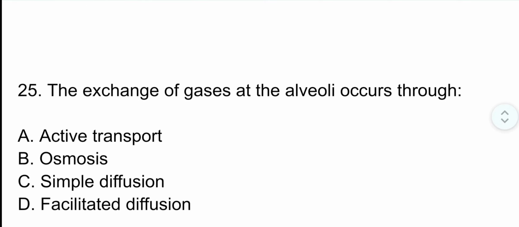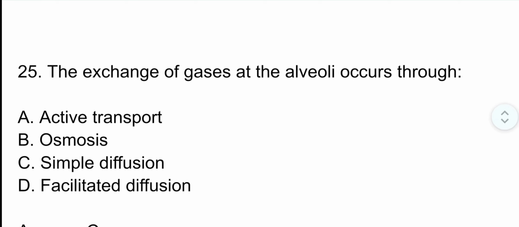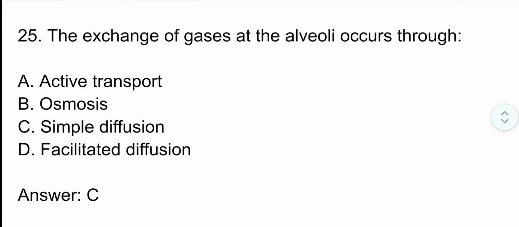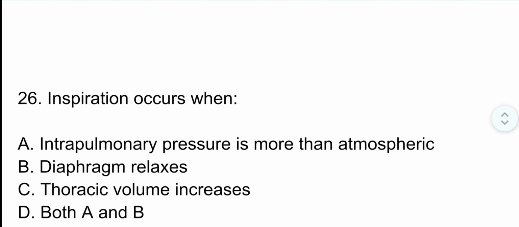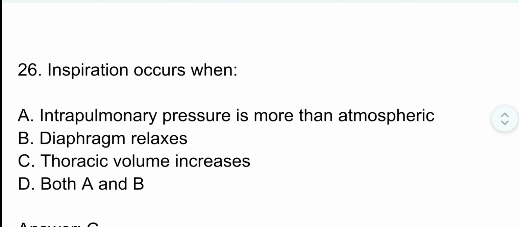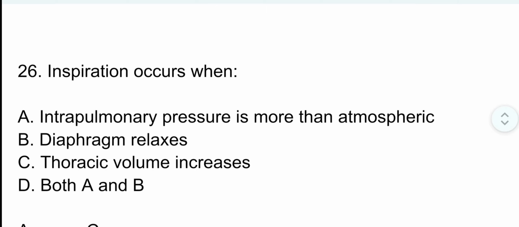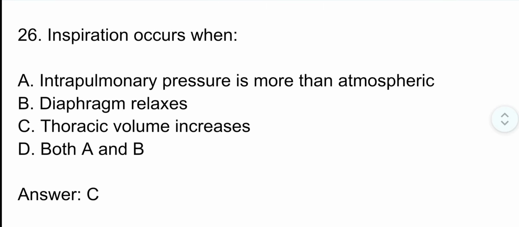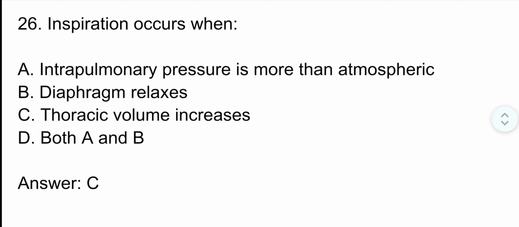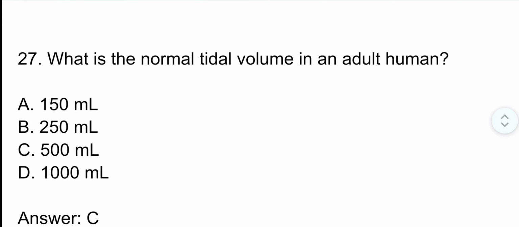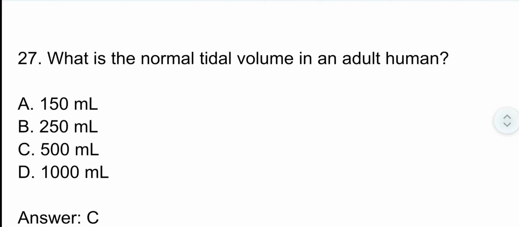Question number 25. The exchange of gases at the alveoli occurs through. The correct option is option C, simple diffusion. Question number 26. Inspiration occurs when. The correct option is option C, thoracic volume increases. Question number 27. What is the normal tidal volume in an adult woman?